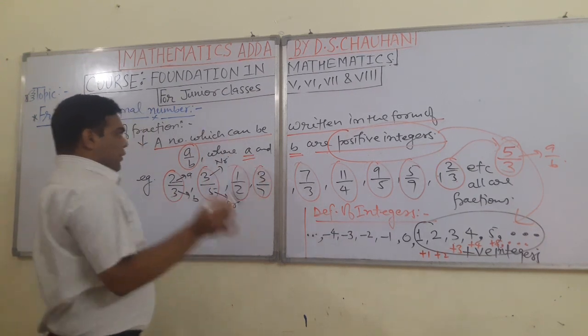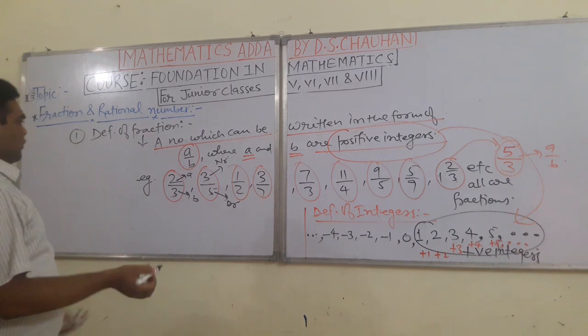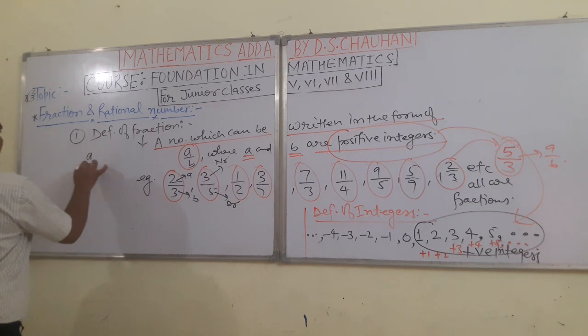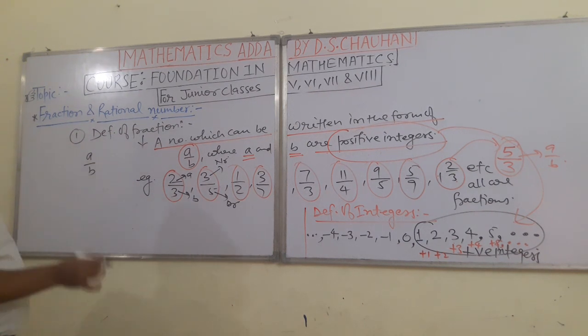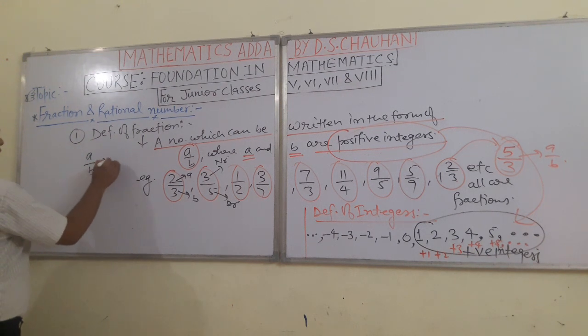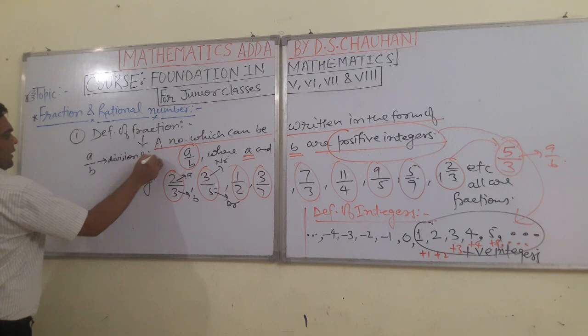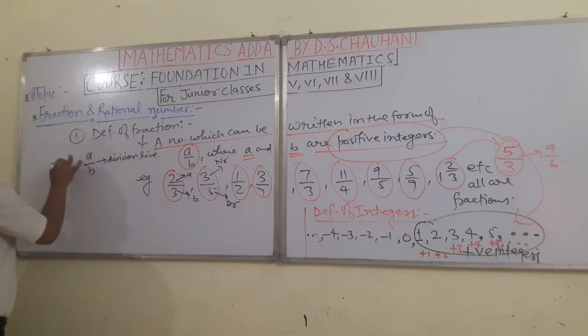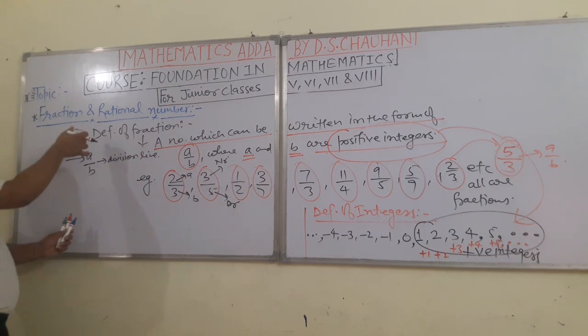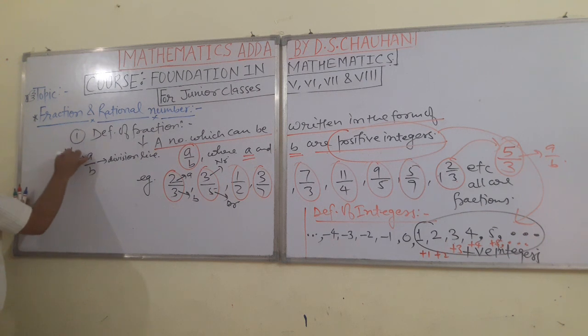Whenever we are writing a fraction, students, point out, we are writing it in the form of a by b, where this symbol stands for the division line. The number present above the division line is called the numerator, and the number below the division line is called the denominator.